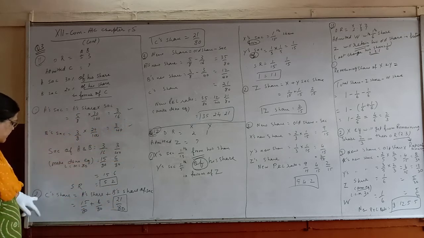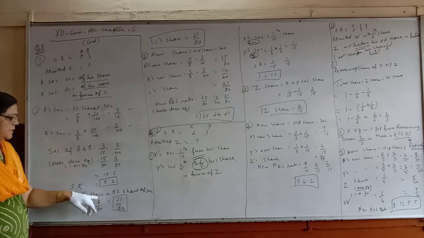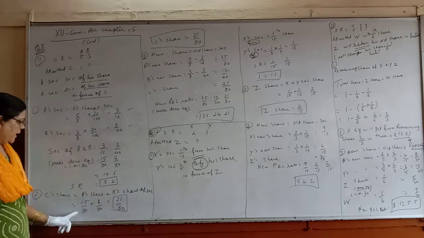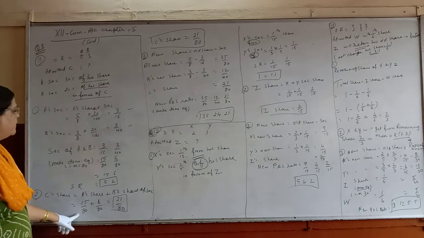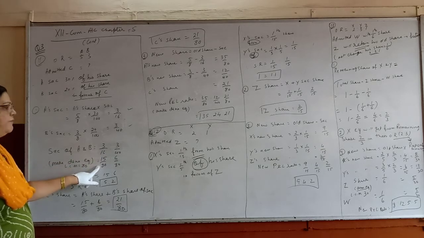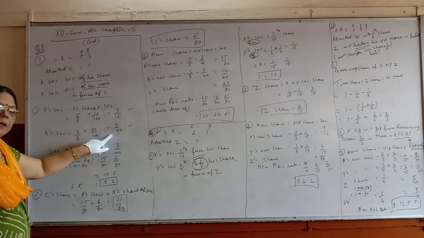So let us see the second point: C's share is equal to A's share of sacrifice plus B's share of sacrifice. A's share of sacrifice is 15 upon 80. I have taken it directly. If you take the other way, again you have to make the denominator equal.